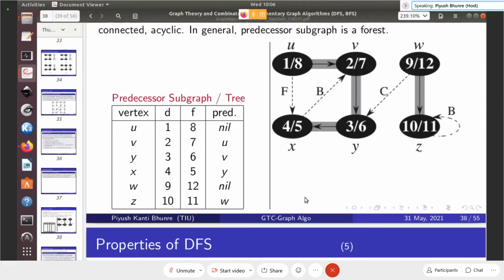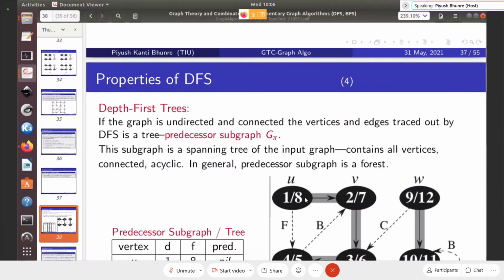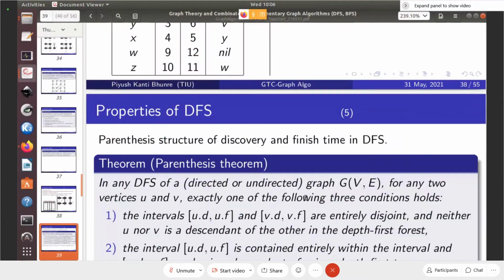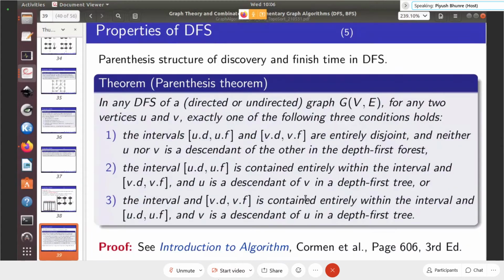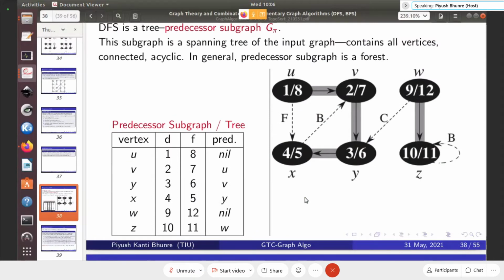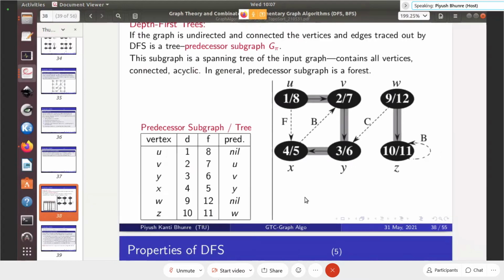Anyway, in the last class we came till this point. We completed the DFS search, and we discussed the predecessor subgraphs that we obtained from DFS traversal.